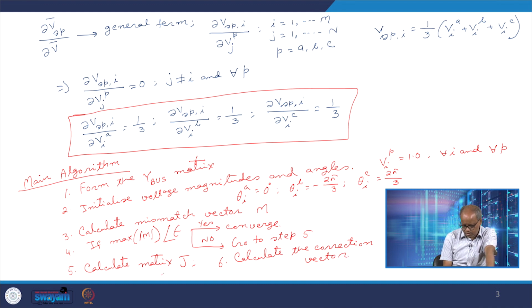And then step 7 is to update the voltage magnitudes and angles, and go to step 3.